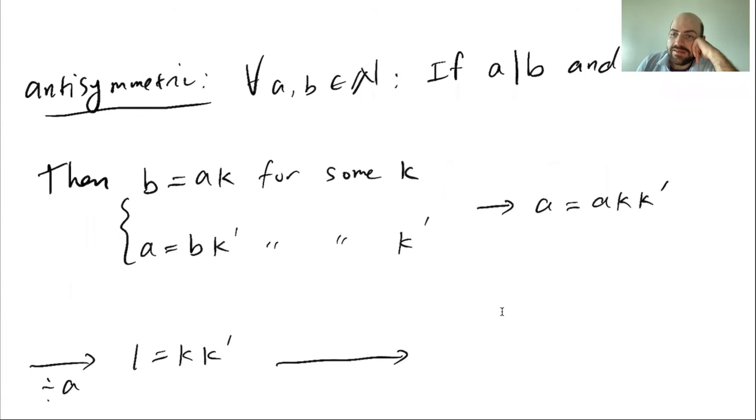The only divisor of 1 in the set of natural numbers is 1 itself, right? If it was a set of integers, another divisor of 1 is -1, and it would have been possible that both K and K prime were -1 in that case. But here, because we are in the set of natural numbers, both K and K prime must be 1.